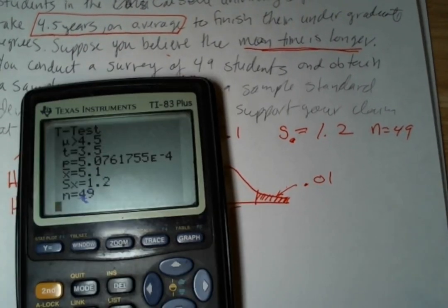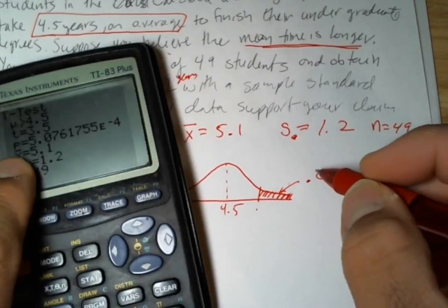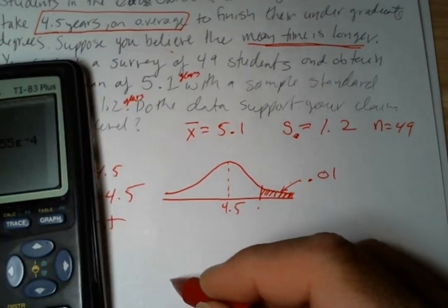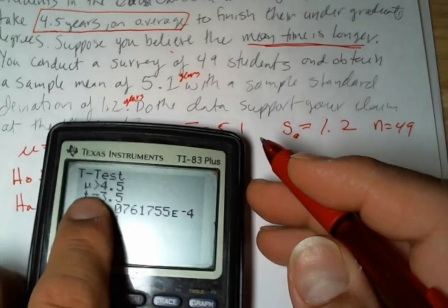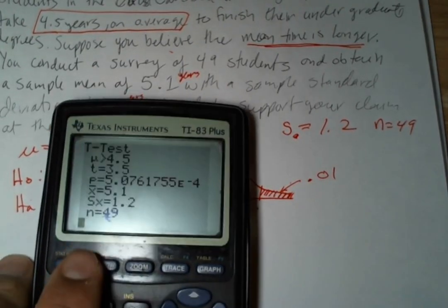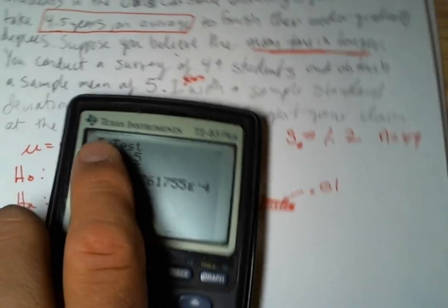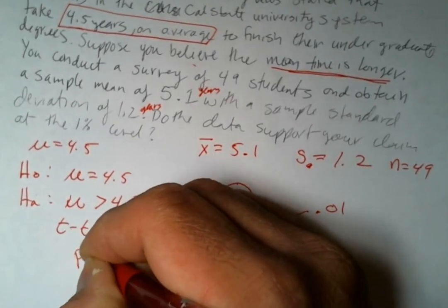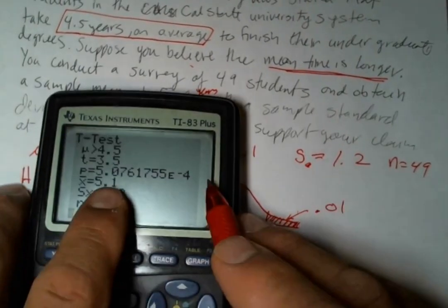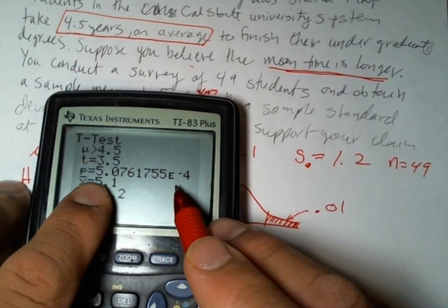it gives us our t-score, which here is 3.5, so the way I interpret that is that it's more than 3.5 standard deviations away from the mean. That's our t-score, but more importantly, our p-value: the probability of getting this 5.1 if the actual mean was 4.5 is very small.